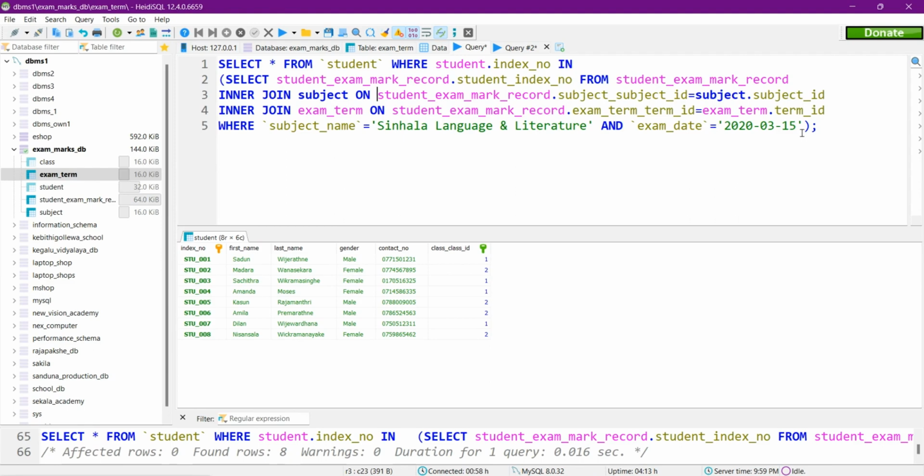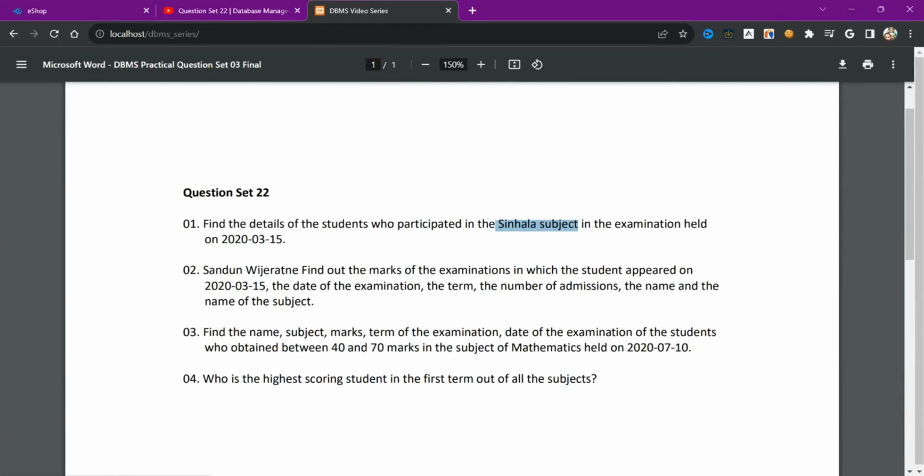So let's move on to the second question. Find the marks of Sandun Vijayaratna in the examination which the student appeared on 2020 March 15: the date of examination, the term, the admission number, the name, and the name of the subjects. So it's a complicated question.